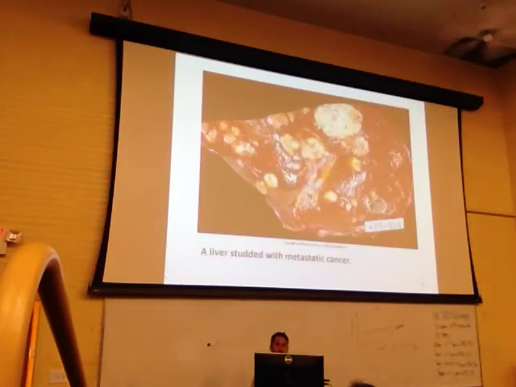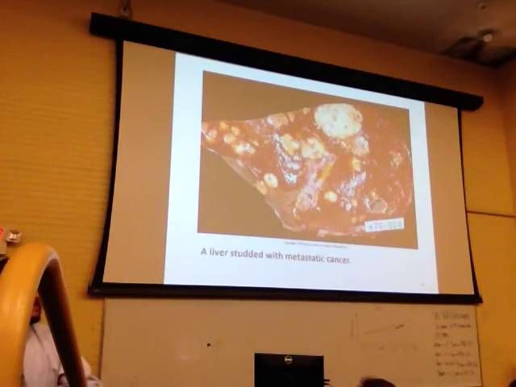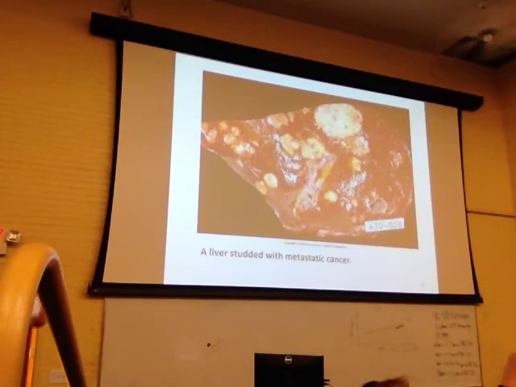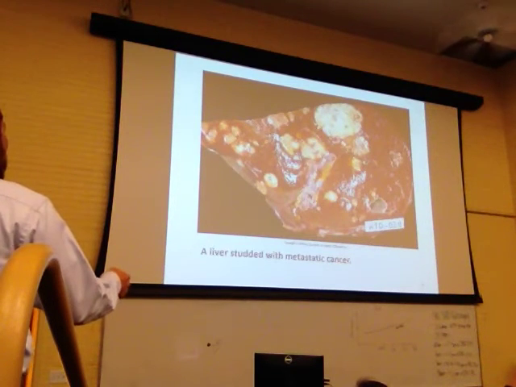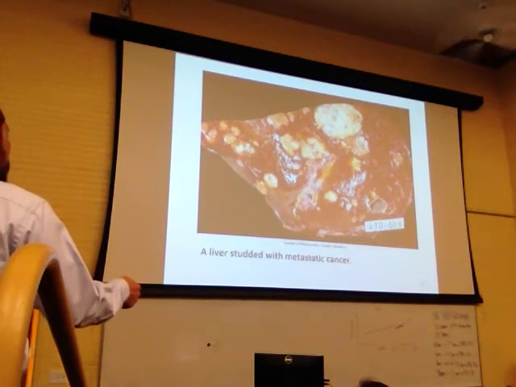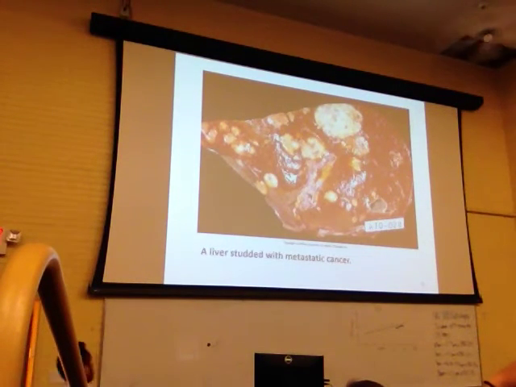Now, as we continue on in the lecture, these are secondary metastatic lesions that have actually targeted the liver. So all of these white spheres are all metastatic cancer that came from a patient that was primarily metastatic lung cancer.